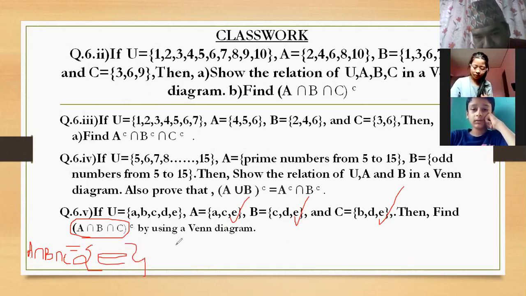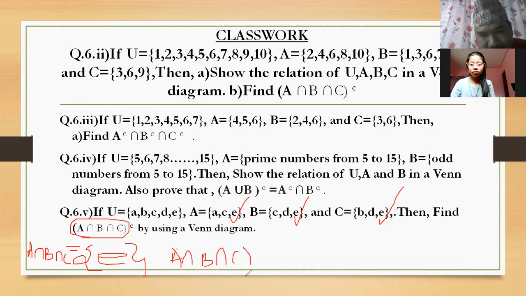Can you find A intersection B intersection C? Then after you have to find A intersection B intersection C complement. Can you do, children? You have to find that by using a Venn diagram.